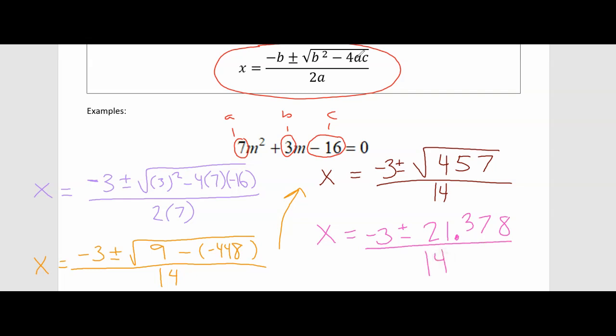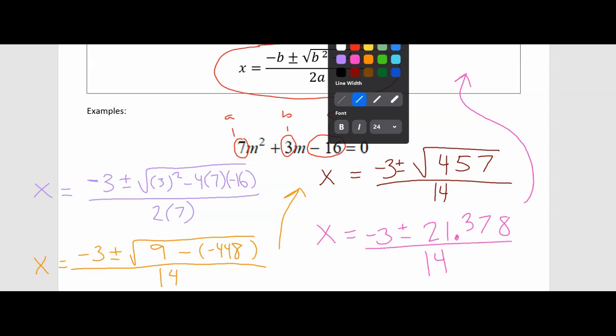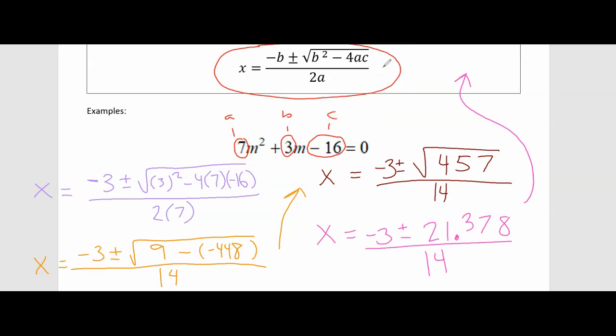Once I get to this point right here, there's no more simplifying I need to do except this last step, right? So I'm actually going to come up here. We're running out of space. You guys have plenty of room on your paper, though. So I'm going to have 2 answers here. I'm going to have negative 3 plus 21.378 divided by 14.